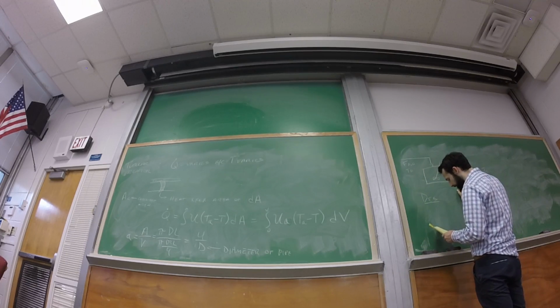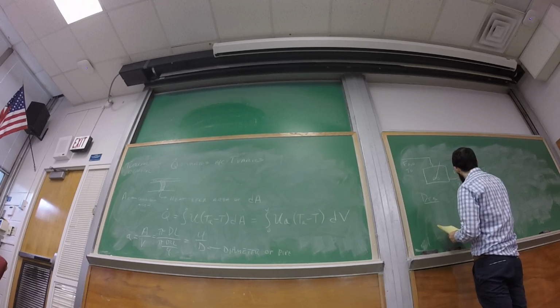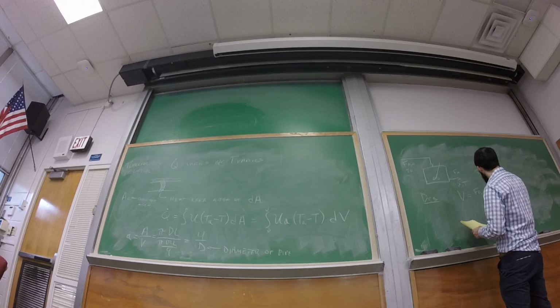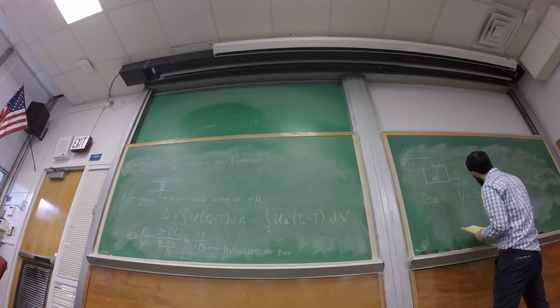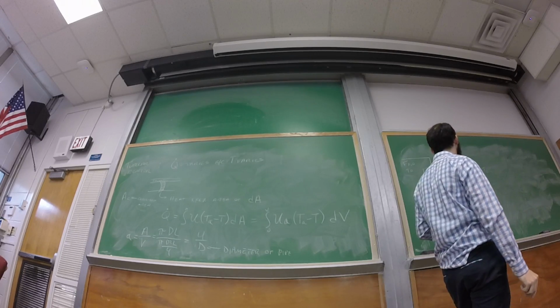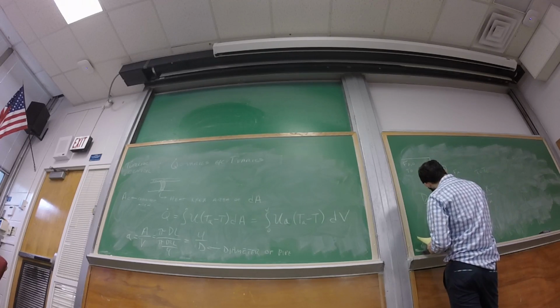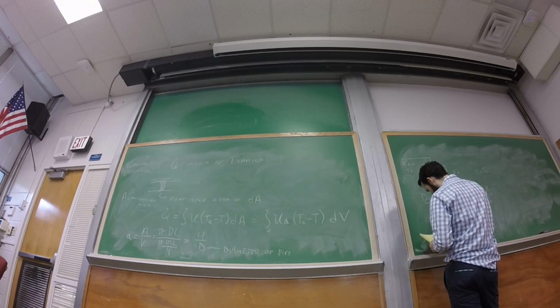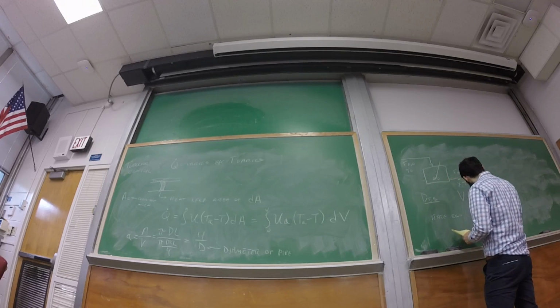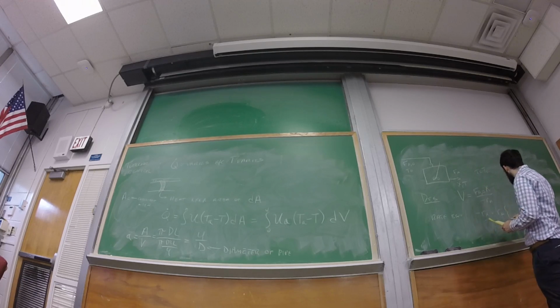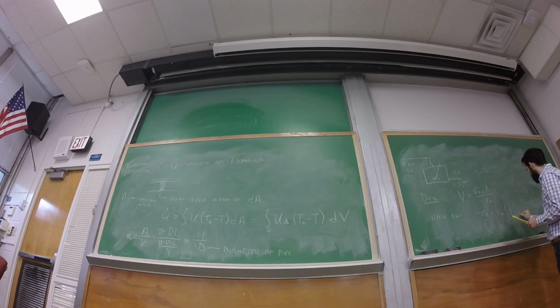So for a CSTR, not a differential, volume is equal to the flow rate times conversion divided by the rate. The rate equation is now a function of both temperature and concentration.